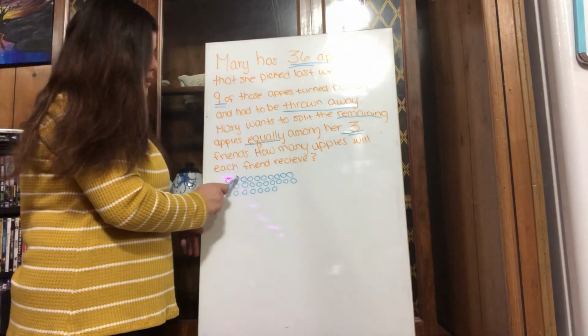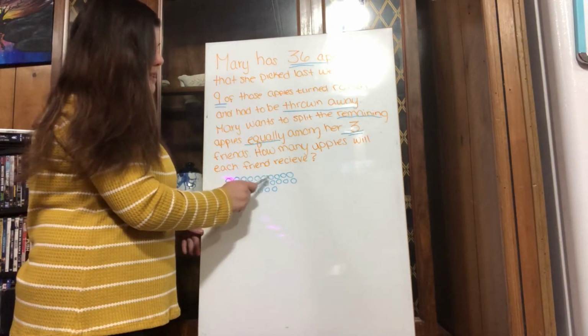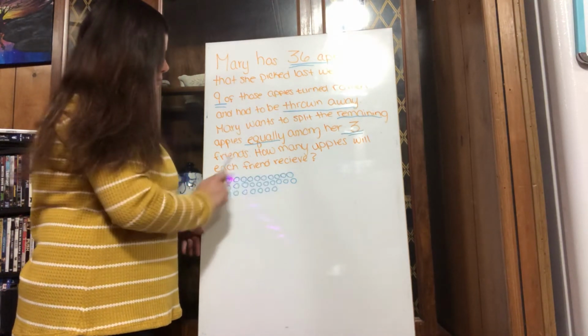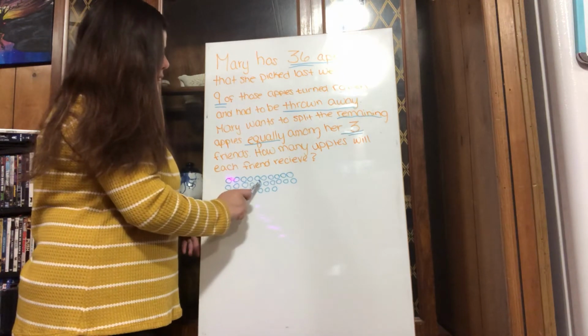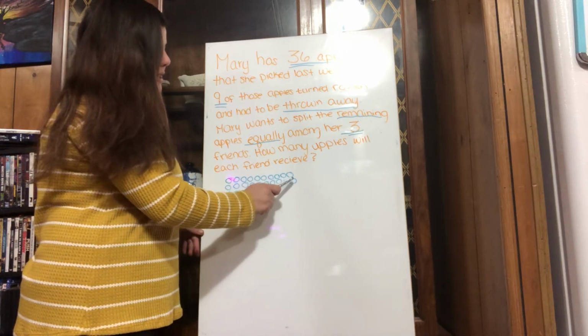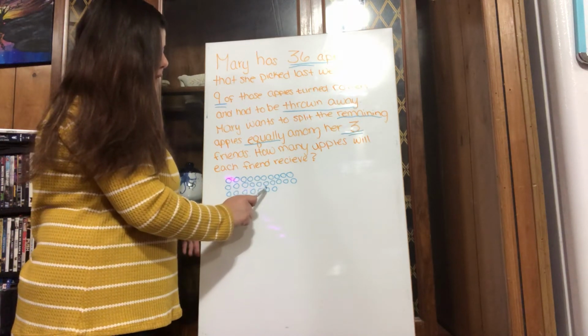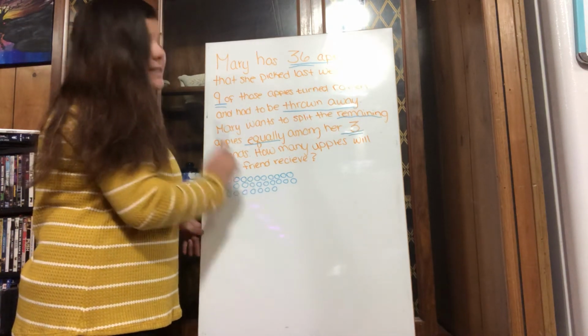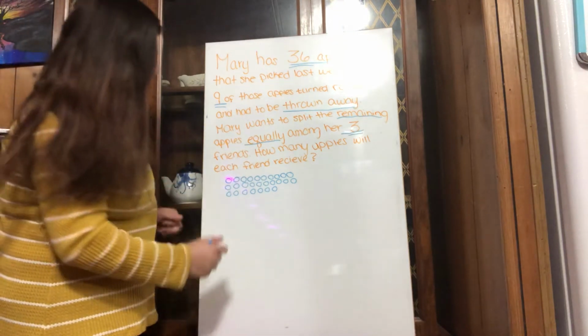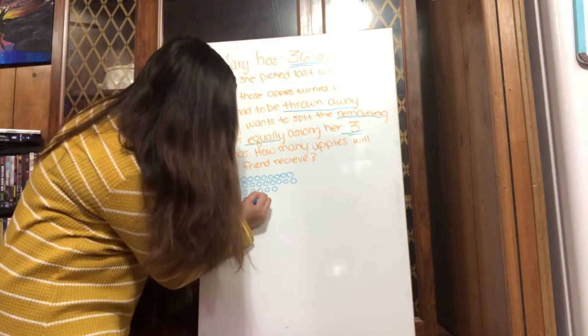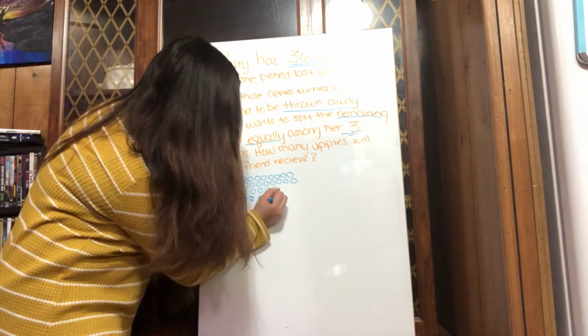So 1, 2, 3, 4, 5, 6, 7, 8, 9, 10, 11, 12, 13, 14, 15, 16, 17, 18, 19, 20, 21, 22, 23, 24, 25, 26, 27. So this is my 27 apples.